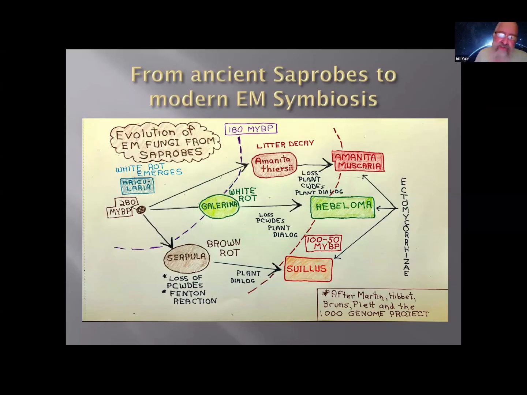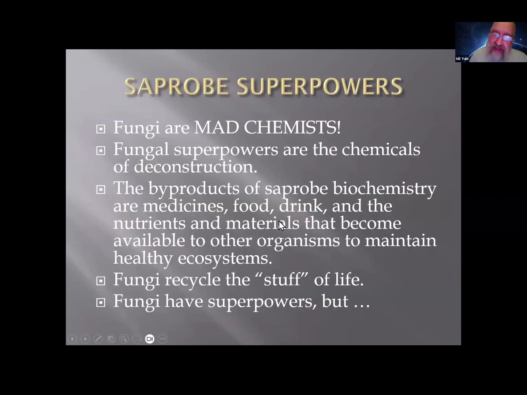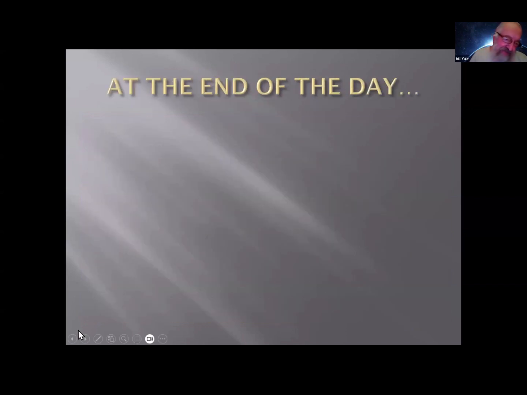Other lineages are much older, 400 million years. And then about 180 million years ago, here on this dotted line, all of these saprobes, white rot saprobes at first, started changing and evolving and doing what I just described to you. They lost the decay enzymes and they started dialoguing chemically with plants.